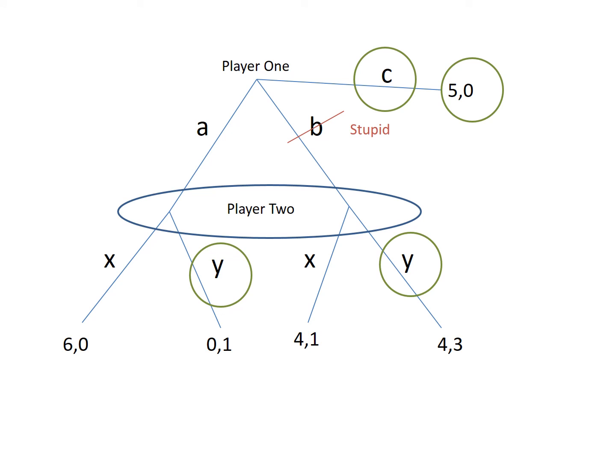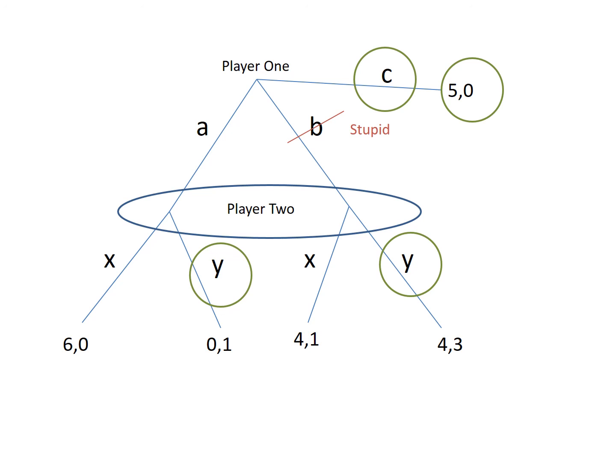You see, player 2 has this great story that works, but only so long as player 2 never gets to move. And if player 2 does get to move, I don't know what she'll believe.